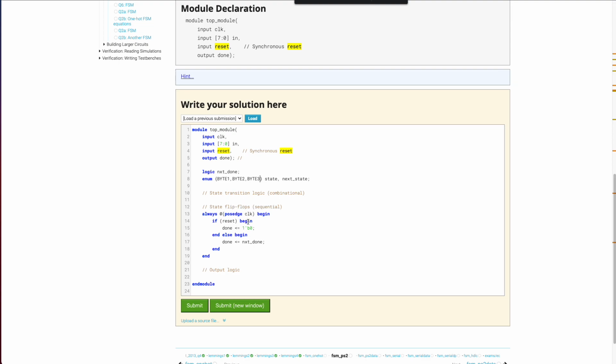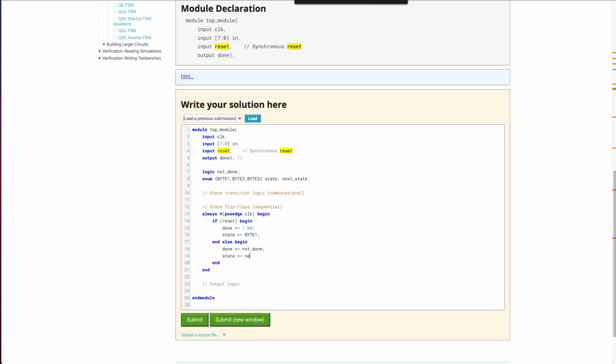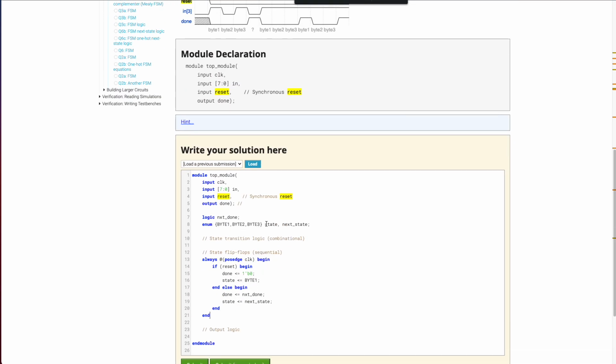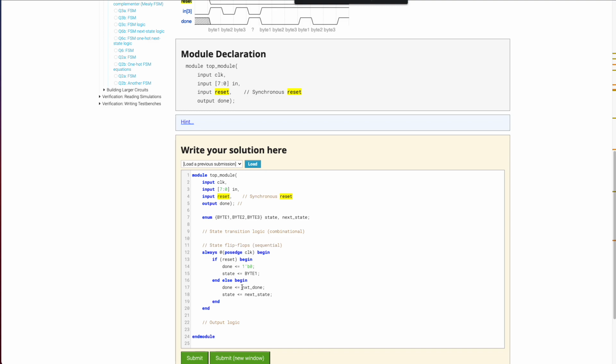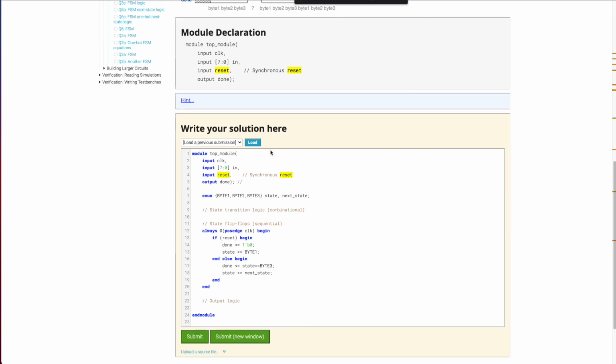Alright. I don't need next done then, so this is actually just byte 3. Next state is byte 2, next state is byte 3, state is byte 3, done is asserted.